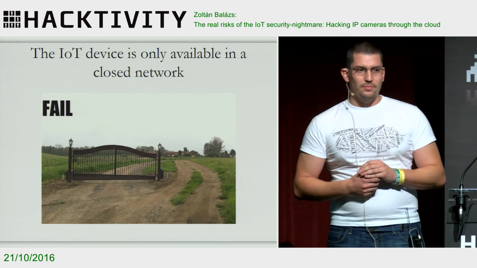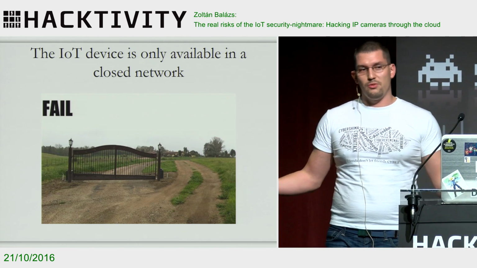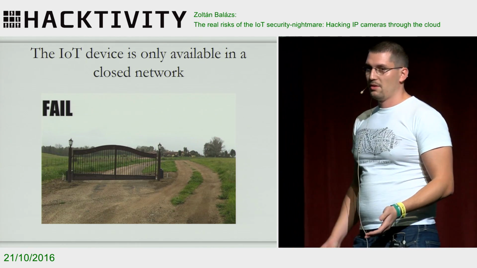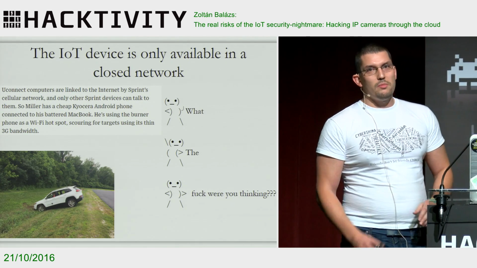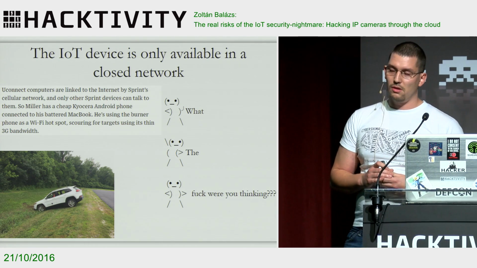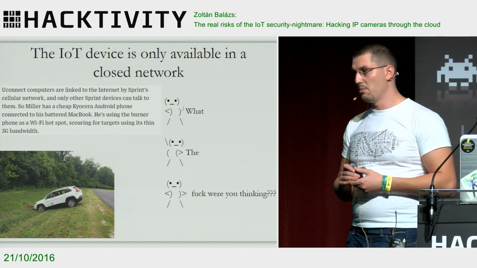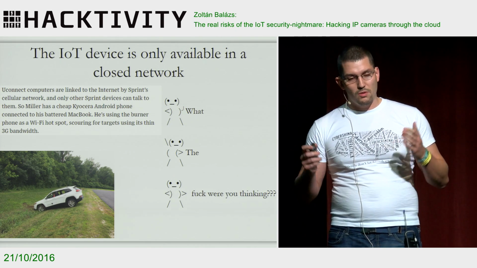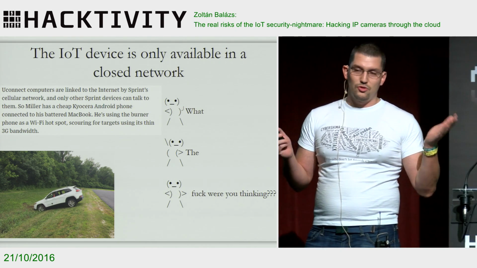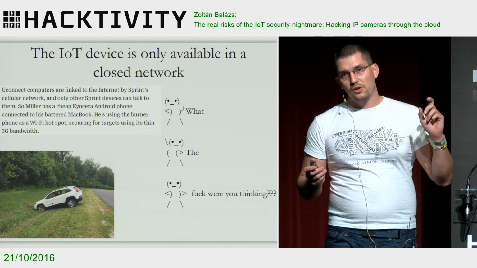Next excuse: the IoT device is only available in a closed network, right? What can go wrong? If you remember the car hacking article from Charlie Miller and Chris Valasek, you can remember that this Jeep had a SIM card.